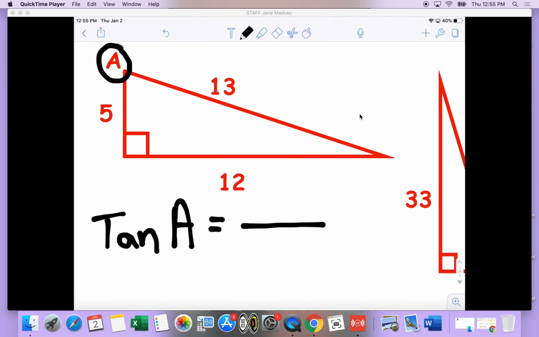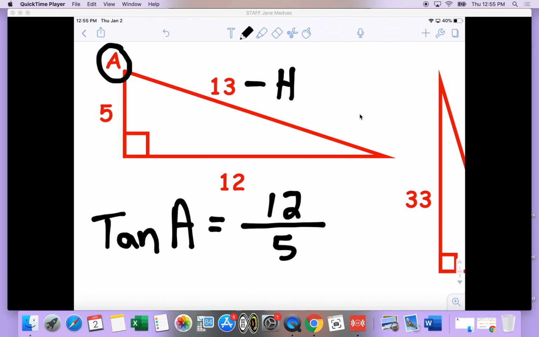Now, if you saw on the tangent, you had the TOA. The T stands for tangent. O stands for opposite, right? And so if I take a look at the triangle that I have right here, this is my hypotenuse. Which number, the 5 or the 12, would be opposite? It'd be the 12. The 12 is opposite, and what would be the adjacent?